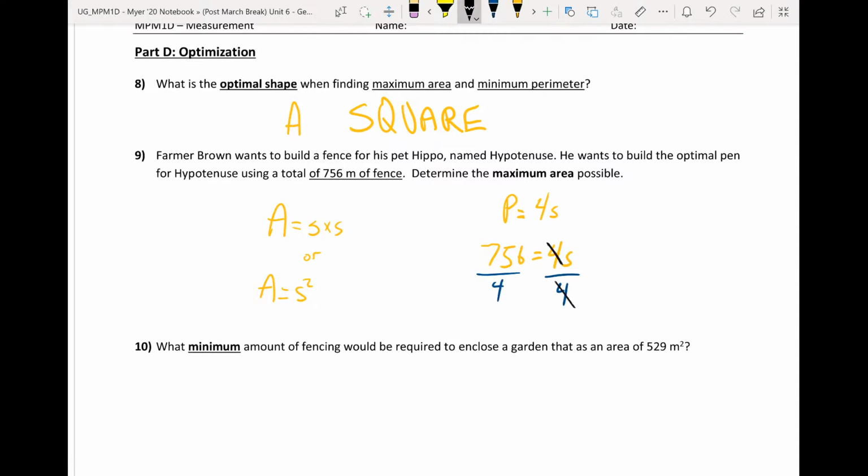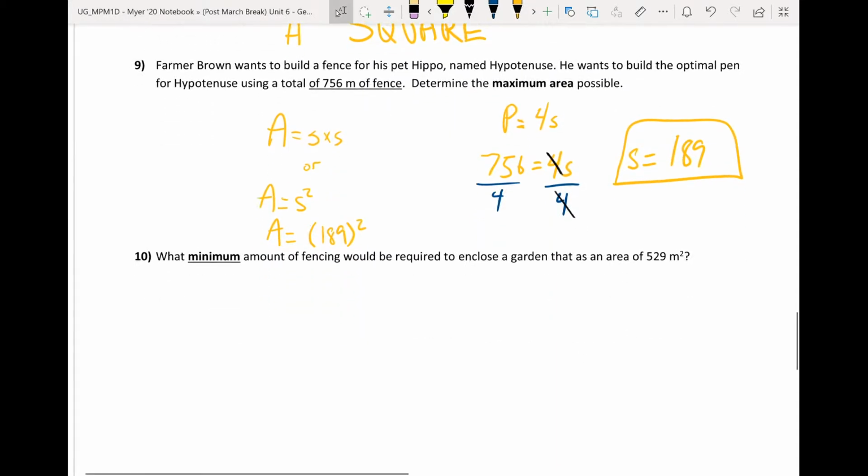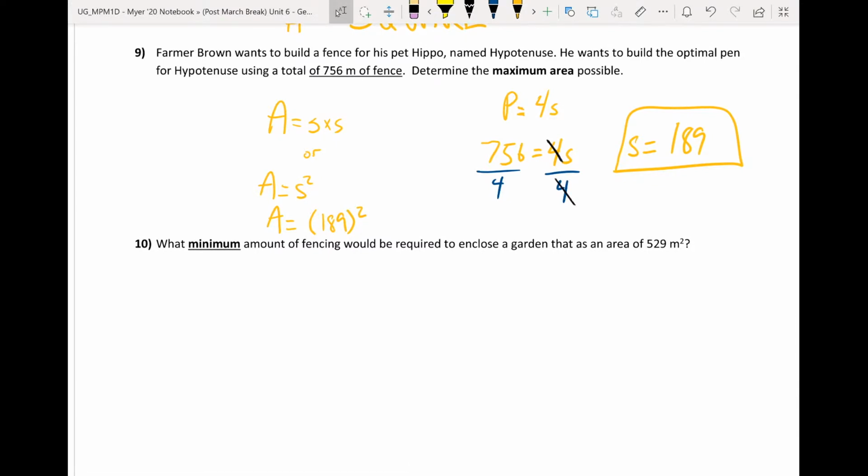Those two cancel out. s equals 189. All right, so our area would be equal to 189 squared, which you could figure out on the calculator. I'll leave it that way.